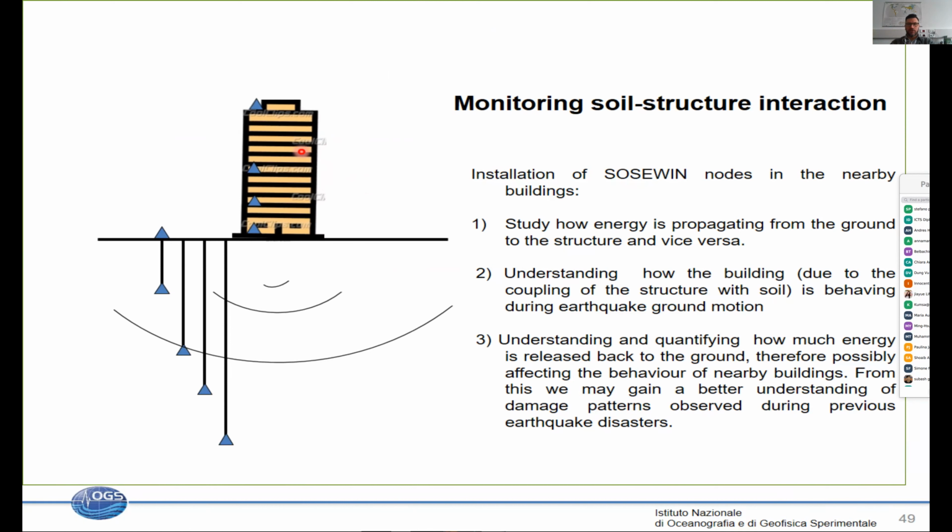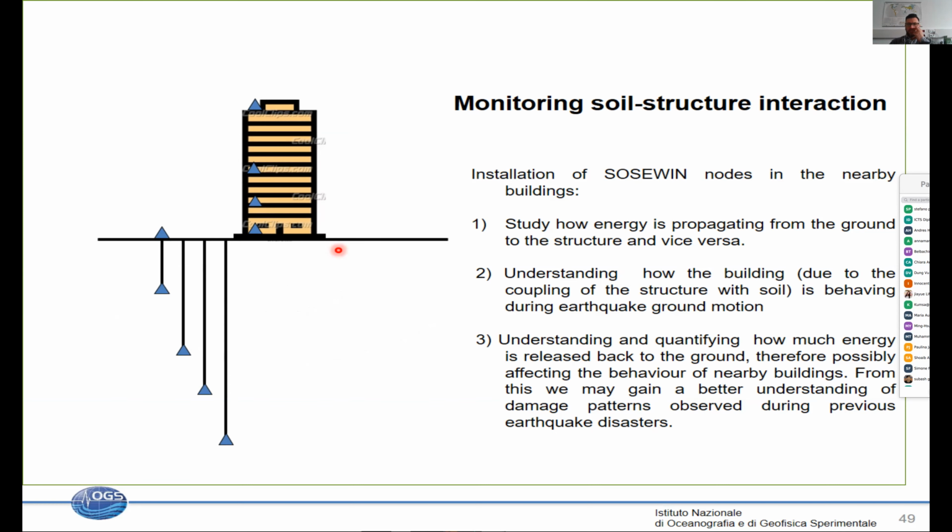And this is something that, for example, Anna Maria is studying a lot, because we would like to know if this energy that is released back from the building is in some way interfering with energy released by other buildings and generating therefore some positive or negative interference that can increase or decrease damage.